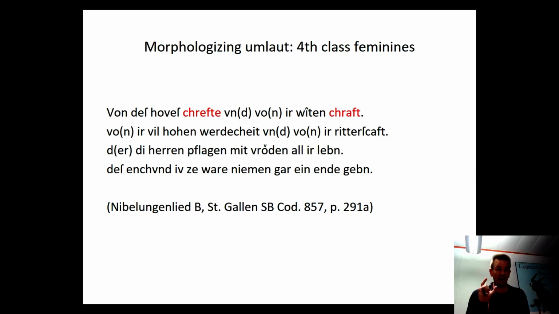Von des Hordes Krefte, umlauted, und von ir Weite Kraft, without umlaut, von ir vil hohen werdekeit und von ir ritterschaft, der die herren pflagen mit vreuden al ir leben, des enkunde iu wol ze wâren jemen gar ein ende geben. Well, we're not quite at the end.